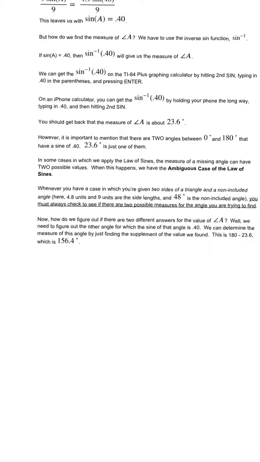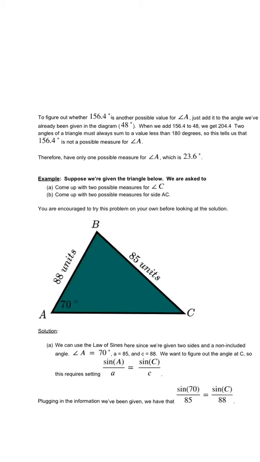Remember how in the beginning we were given the 48 degree angle in the diagram? Because of that, we're going to add 156.4 to 48. Now when we add 156.4 to 48, we get 204.4. Two angles of a triangle must always sum to a value that's less than 180 degrees.